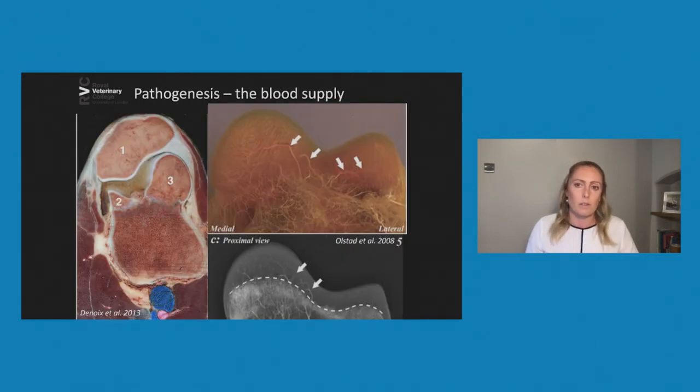So a research group in Oslo have produced a great quantity of research identifying exactly what goes wrong throughout this process to result in failure of endochondral ossification, which is a failure of the growth cartilage to become bone. So with increasing age and decreasing relative volume of the growth cartilage as it starts ossifying, the blood supply gradually regresses. And you can see the blood supply to the trochlear ridges of the femur here.